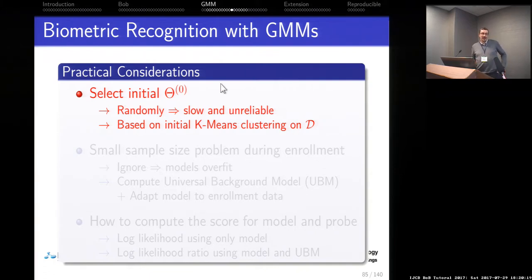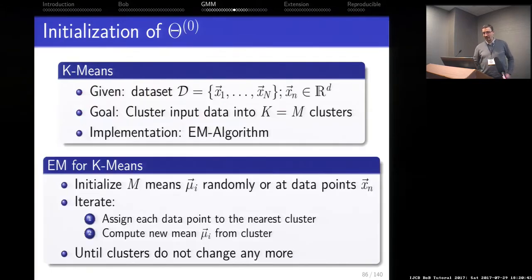You can use some random values, but this is very slow, it doesn't converge that fast, and it's also unreliable. What people do instead is they use k-means clustering and use the means of the k-means clustering to initialize the GMM.